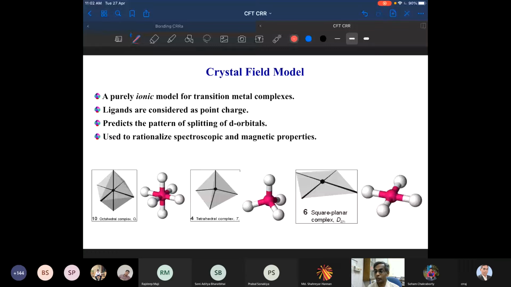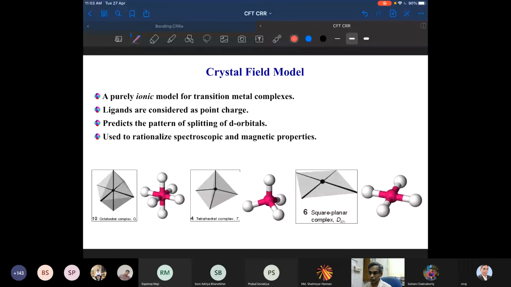So you will not be able to understand anything of the bonding in the inorganic complexes with the help of crystal field theory, but you will be able to understand some of the properties, say for example, magnetic property or the spectral property, the color of the complexes.